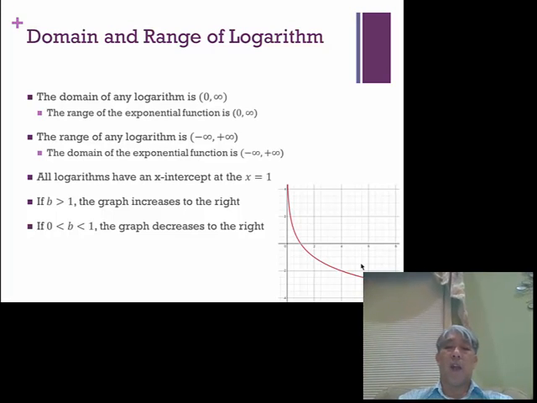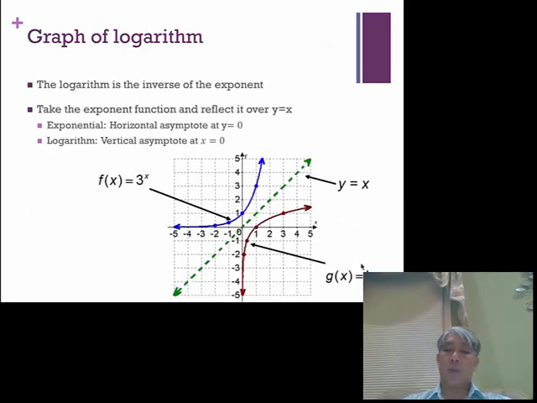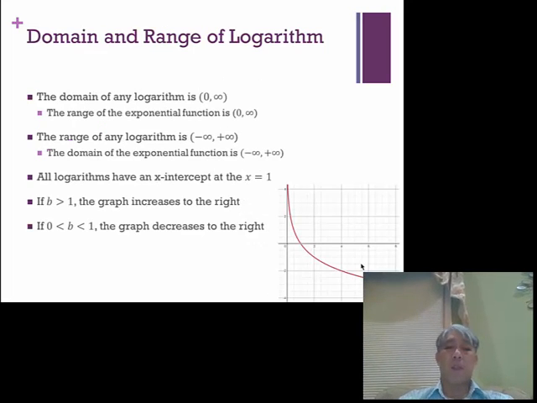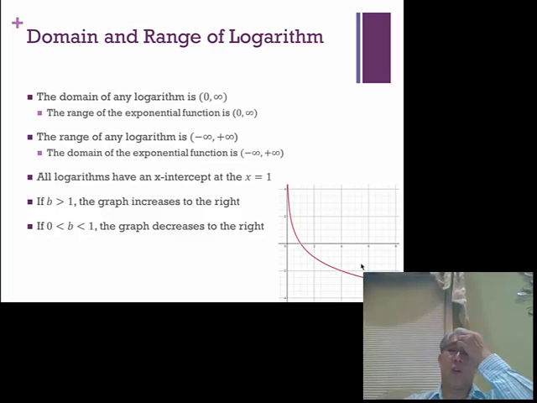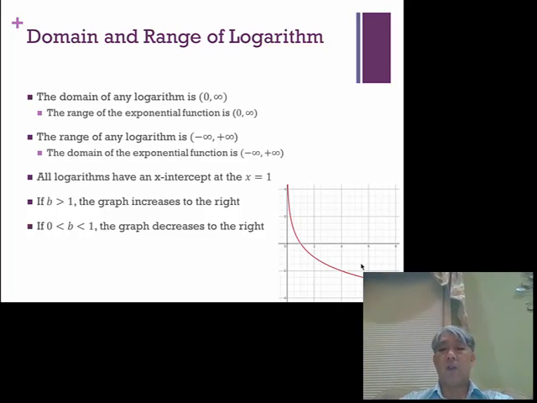All logarithms will have an x-intercept at x equals 1, and if b is greater than 1, the graph will increase to the right. As shown in the previous graph, it increases to the right here. If b happens to be between 0 and 1, the graph decreases to the right, and that's what we have shown here in the graph in the corner.